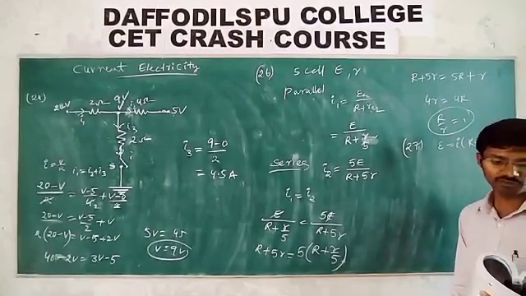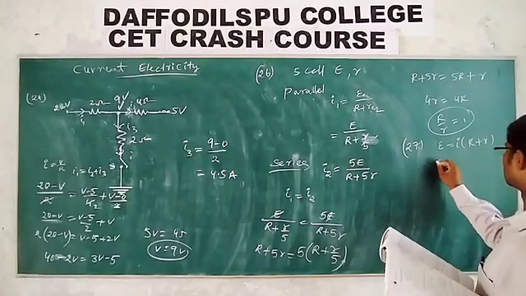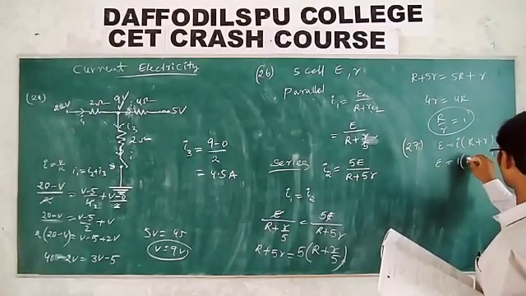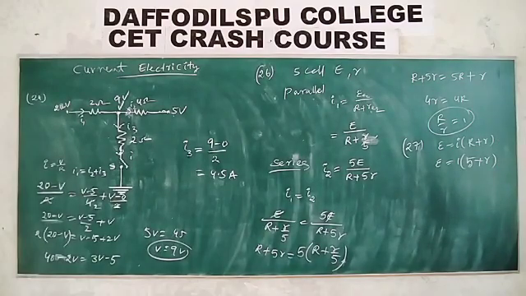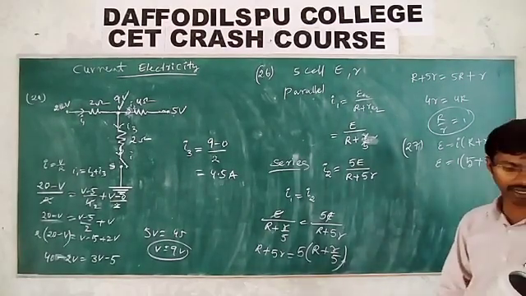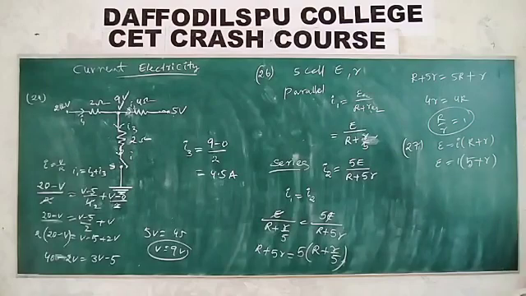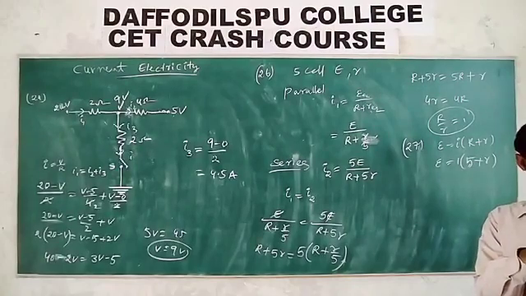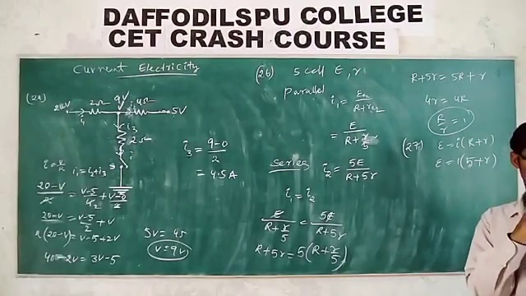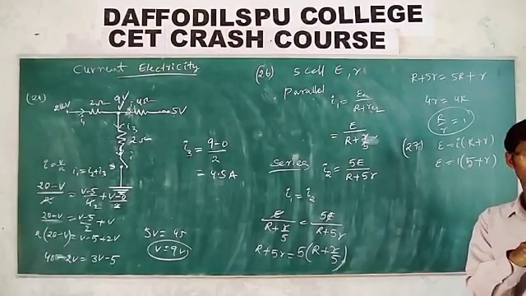When 1 ampere current flows through a 5 ohm resistor, E is equal to 1 into 5 plus r. Here we need to see two identical cells connected in series, sending 1 ampere current through a 5 ohm resistor.